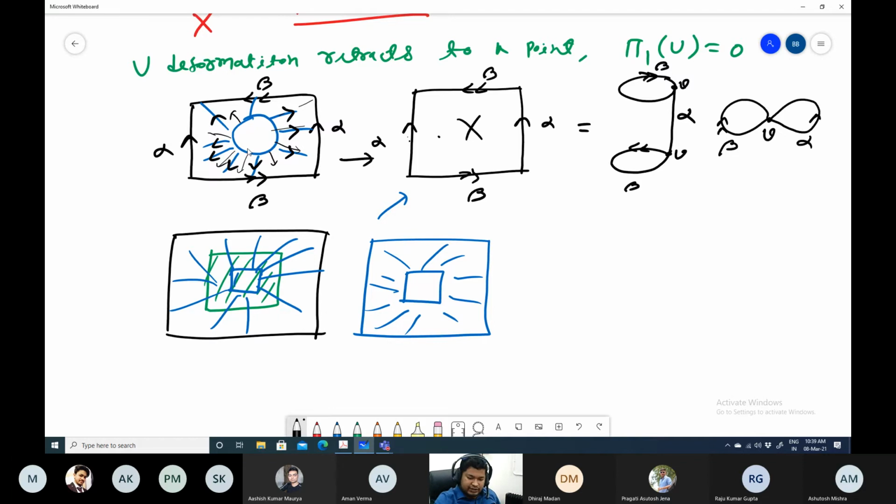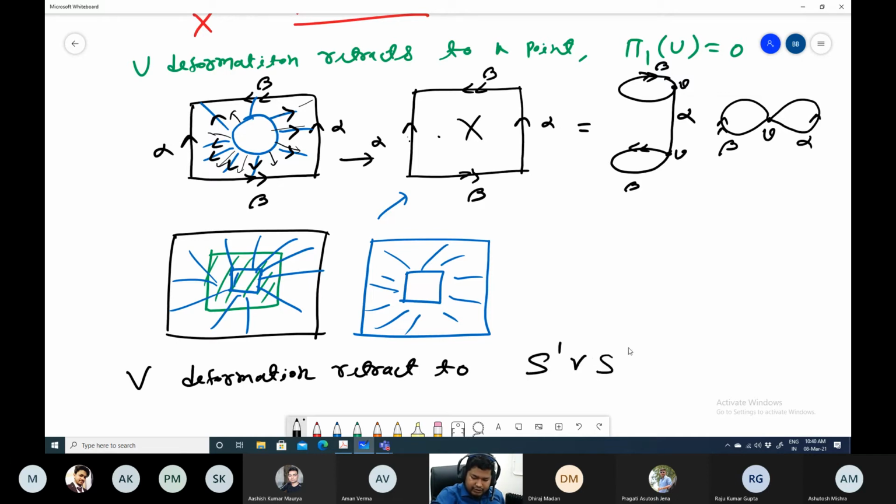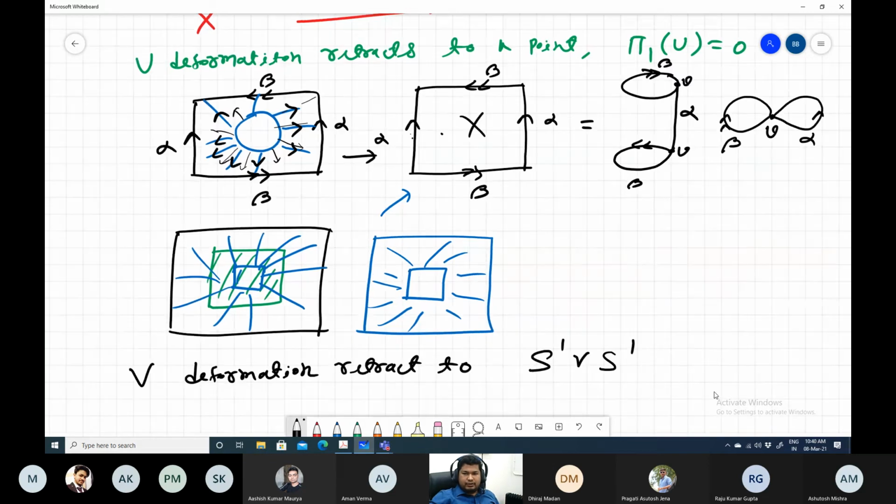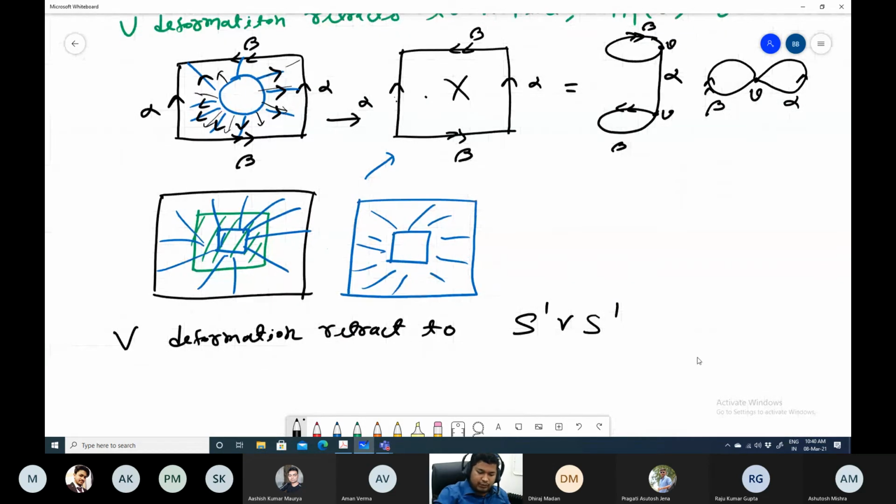So this V deformation retracts to S1 wedge S1. Now tell me what is the fundamental group of V then?